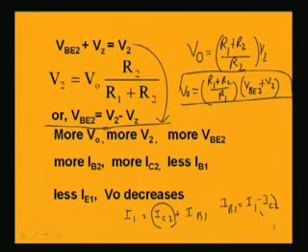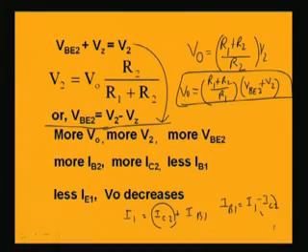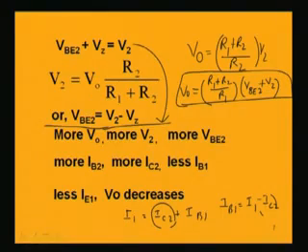So if we look into the expression for this series voltage regulator, which was using two transistors, we have an output voltage V0 which is maintained at this value. Now look into this expression: for a particular voltage regulator circuit, R1 and R2 are constant, they are not going to vary. Then VZ, a Zener diode after breakdown, is also constant.